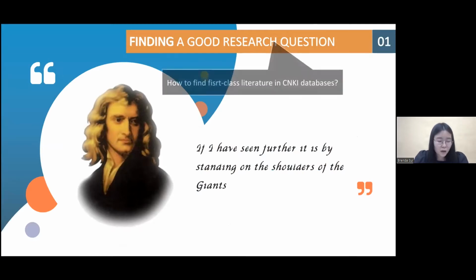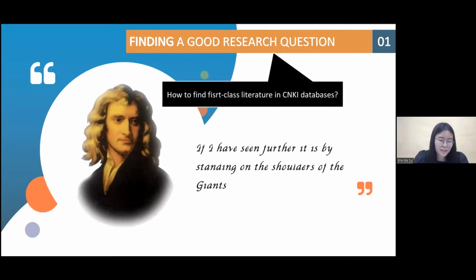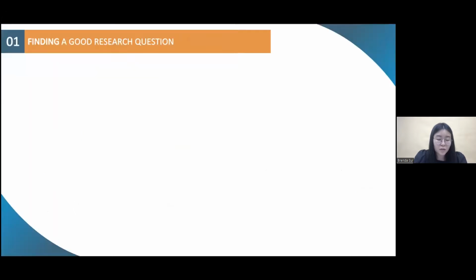Here we can equate these shoulders of giants with research outcomes that have greatly promoted one's own research, that is, highly qualified first-class literature. So if we want to know what is going on in our own research fields, we really need to read these premium articles. So the problem now is how to find or locate these articles in our Cnki databases.